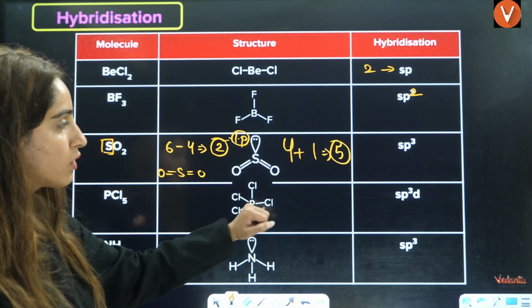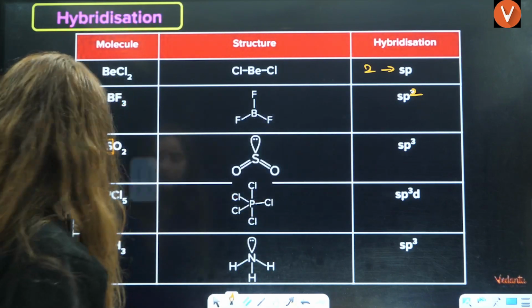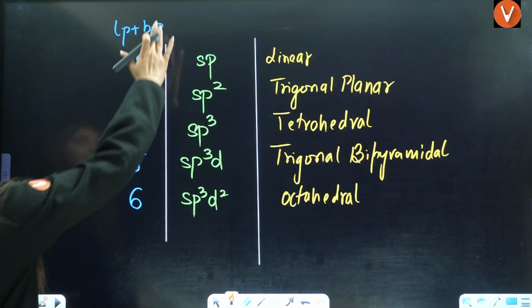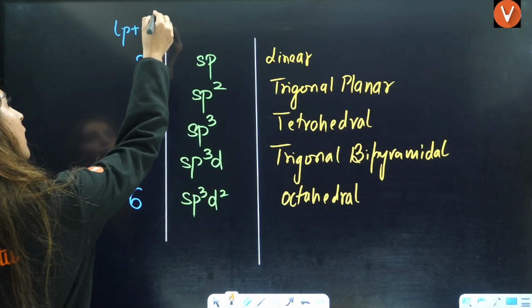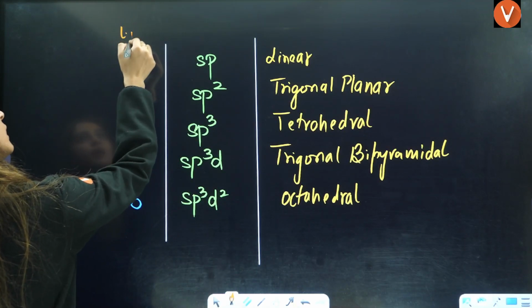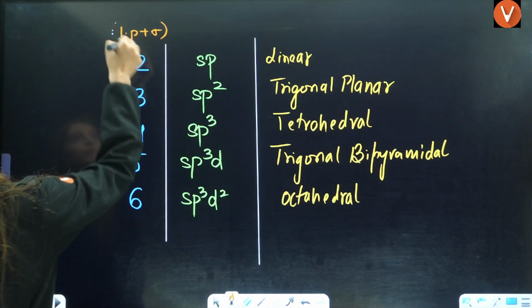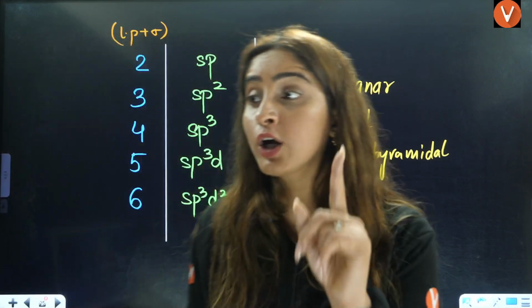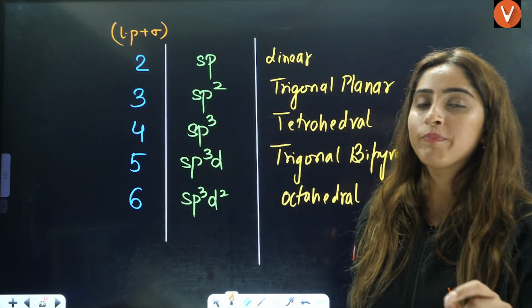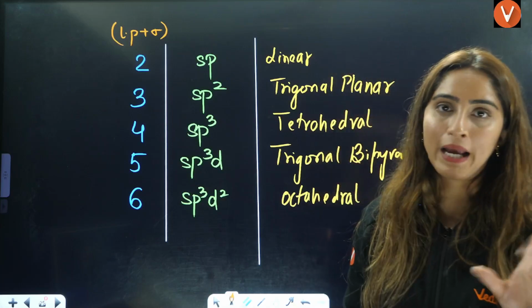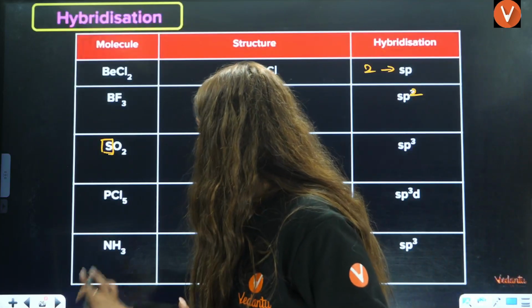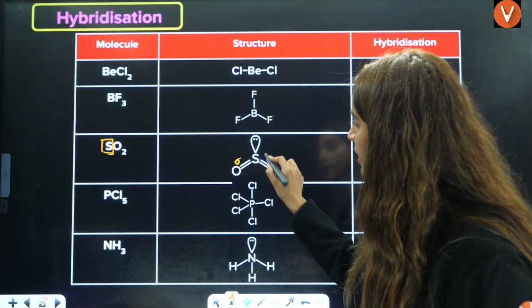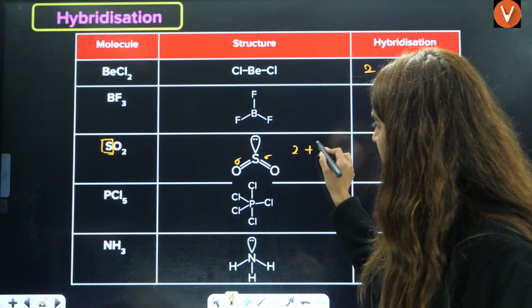Why is it 4? See, when I am writing this here, I am talking about lone pair plus sigma bond pairs, not the pi bond. That's why when I draw this, this is 1 sigma, 2 sigma, 2 plus 1 lone pair.